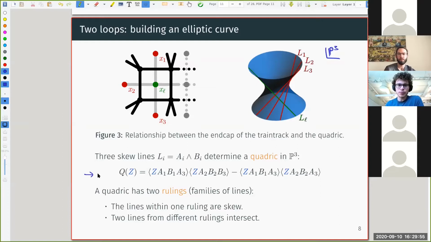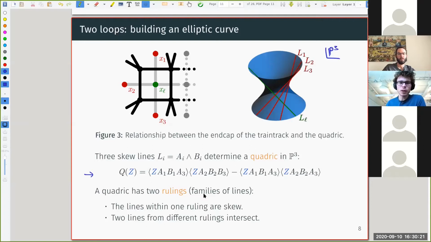Now we can also invoke some fact about quadrics. A quadric is a ruled surface, so we can find different families of lines on this quadric. If we take some lines that come from the same ruling, then they're going to be skew. So these would be these red lines, for instance. And if I take 2 lines from different rulings, then they're going to intersect.